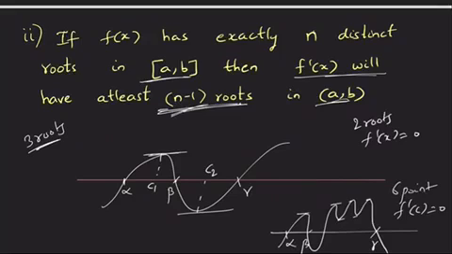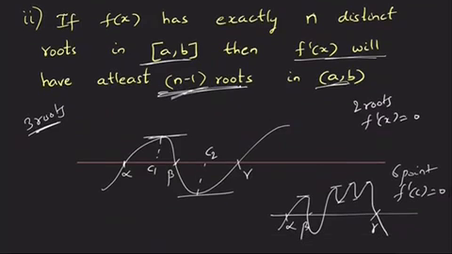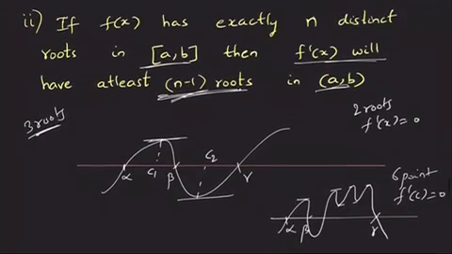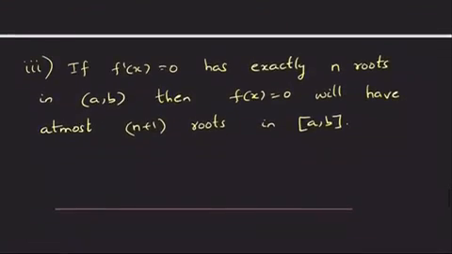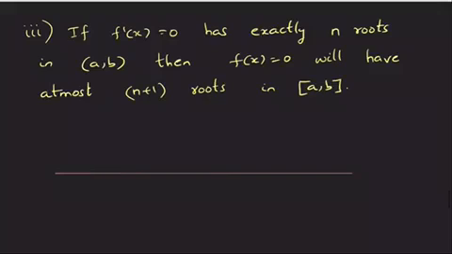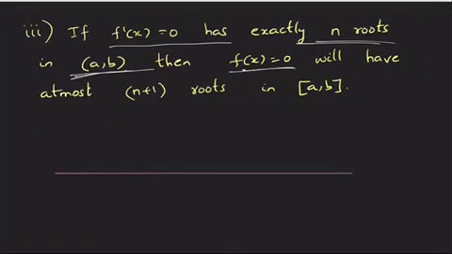Now let's look at something similar to a converse of this theorem, not exactly a converse, a little bit of a converse. It says that if f dash x is equal to 0 has exactly n roots in the open interval (a, b), then f of x is equal to 0 will have at most n plus 1 roots in the closed interval [a, b].